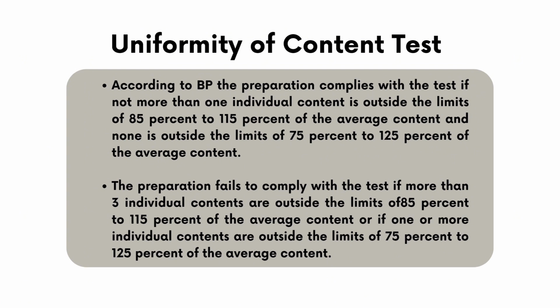The preparation fails to comply with the test if more than 3 individual contents are outside the limit of 85% to 115% of the average content, or if one or more individual contents are outside the limit of 75% to 125% of the average content.